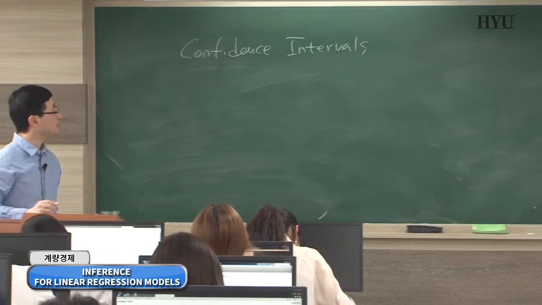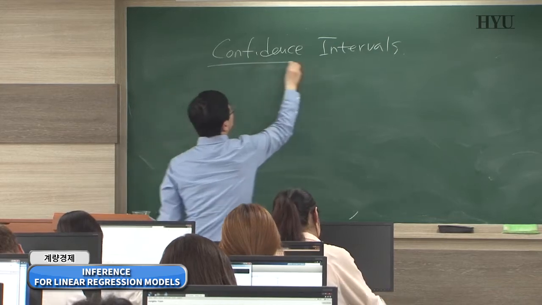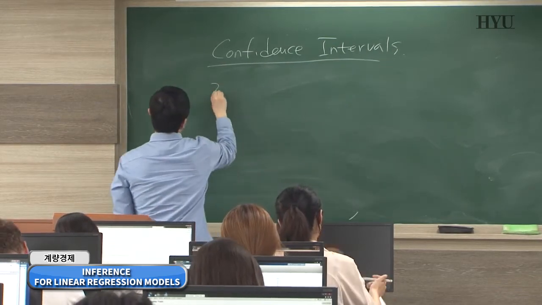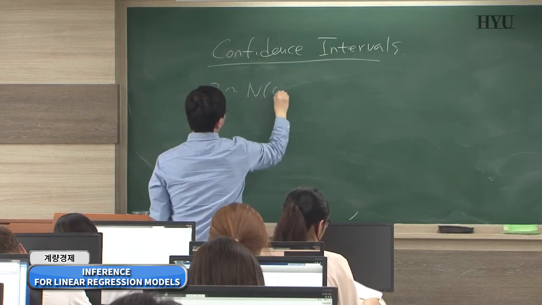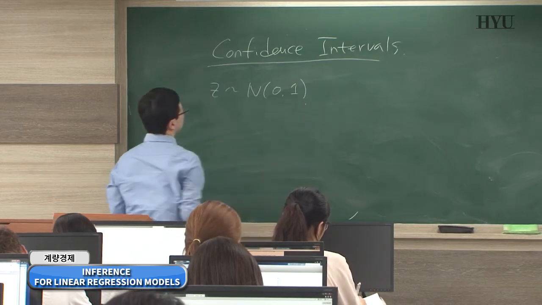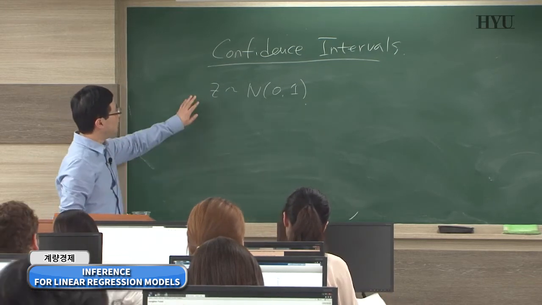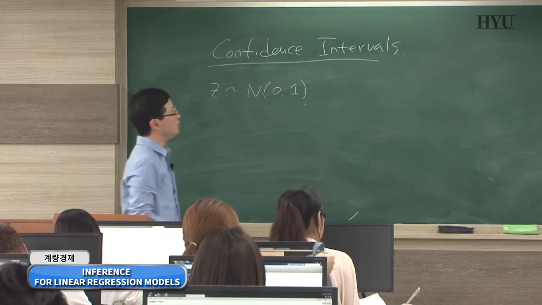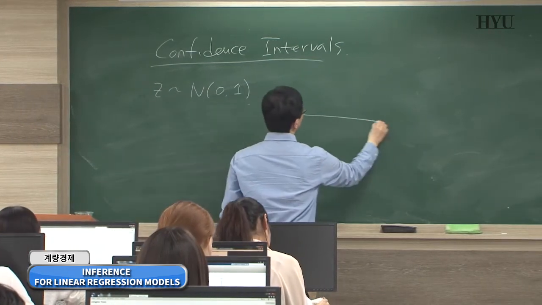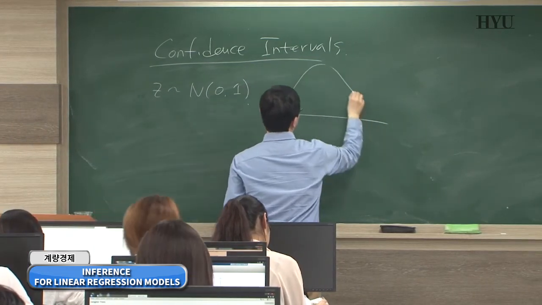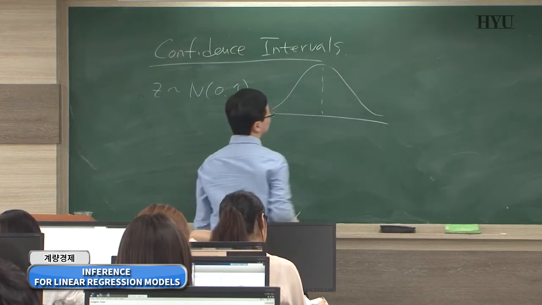Now the next topic is confidence interval. So let me review one thing. Suppose that a random variable follows the standard normal distribution. That's how it looks.